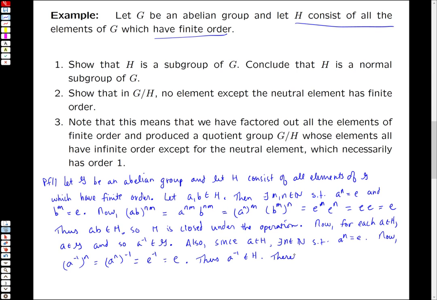Therefore, H contains its inverses. Closed with respect to inverses, however you want to write it. So H is a subgroup of G. Since G is abelian, H is abelian.